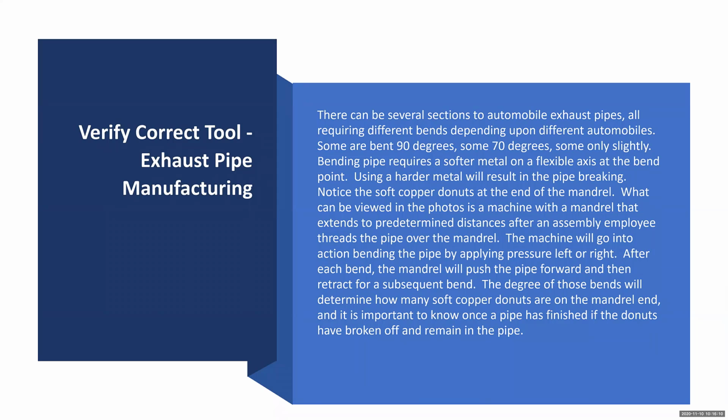When they do that, they use what's called soft copper donuts on the end of their bender arm, the mandrel that is extruded into the pipe for it to be bent in certain areas. So these copper donuts sometimes break off.